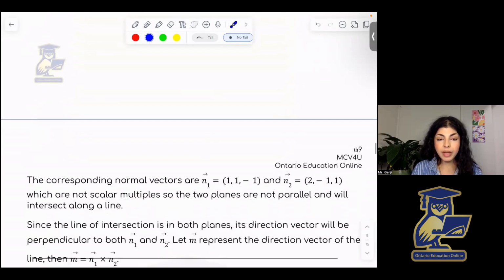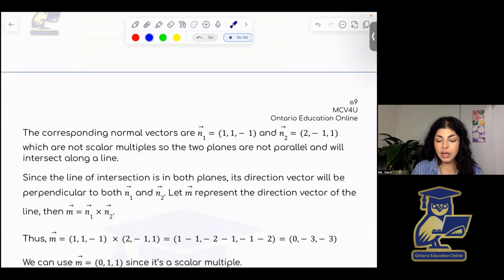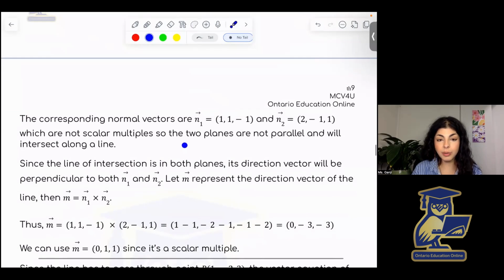The normal vectors for these two planes are 1, 1, negative 1 for plane 1 and 2, negative 1, 1 for plane 2. These are not scalar multiples, so again, we were told this anyways, but we are double checking, they intersect along a line.